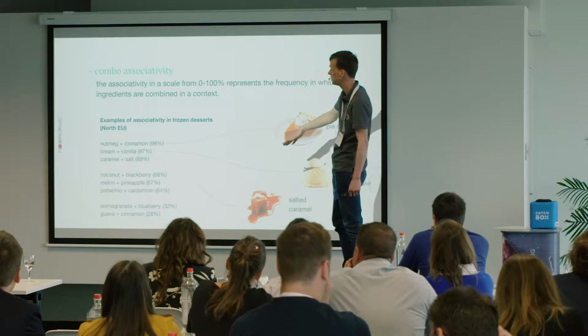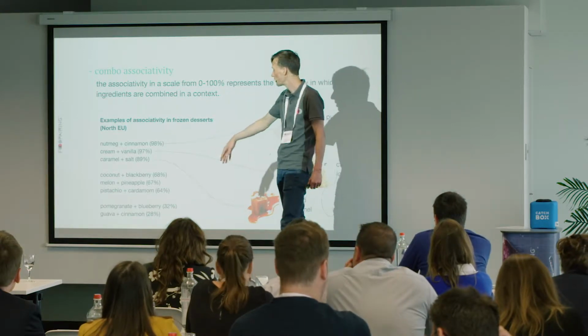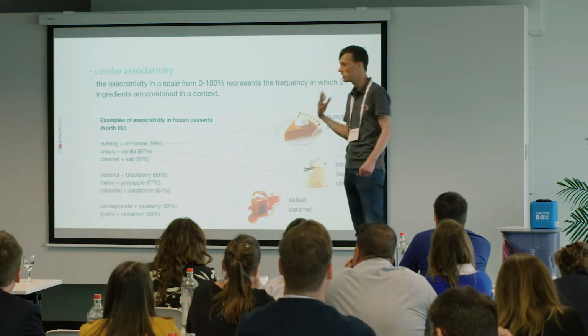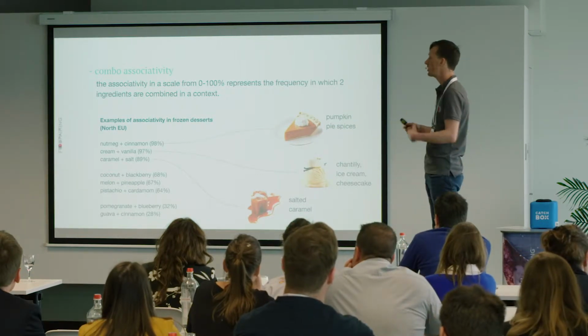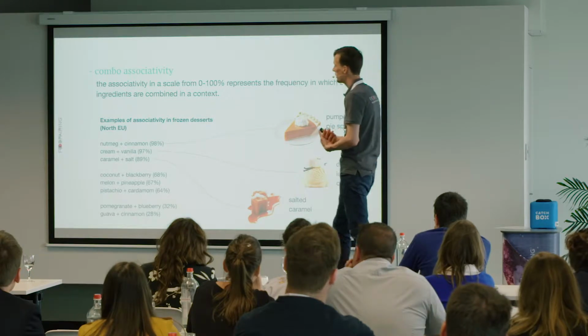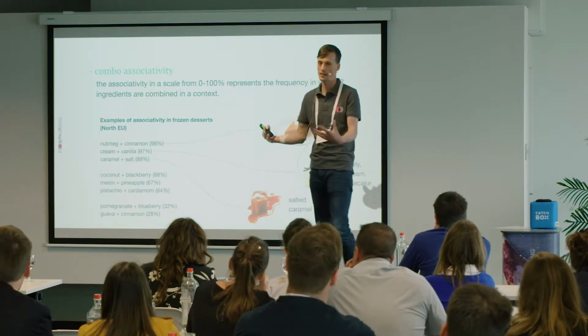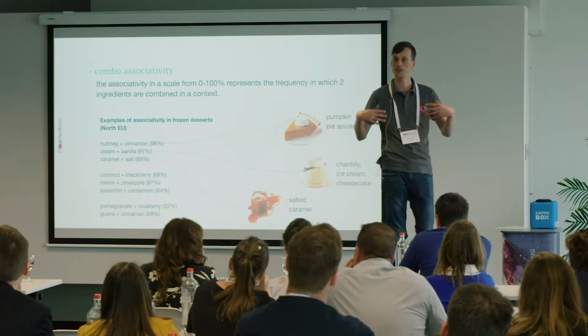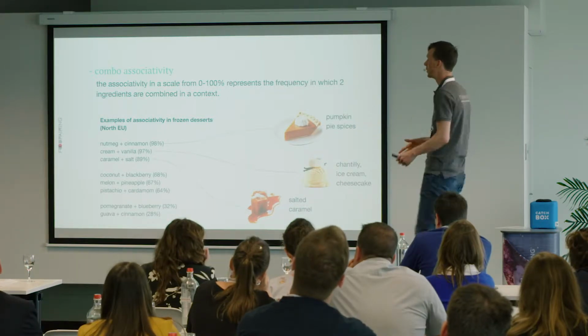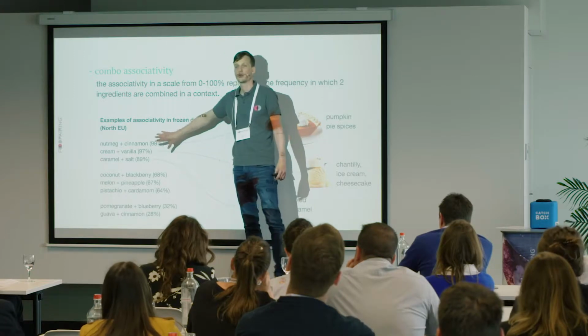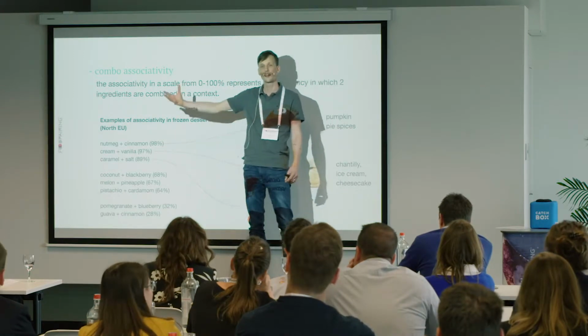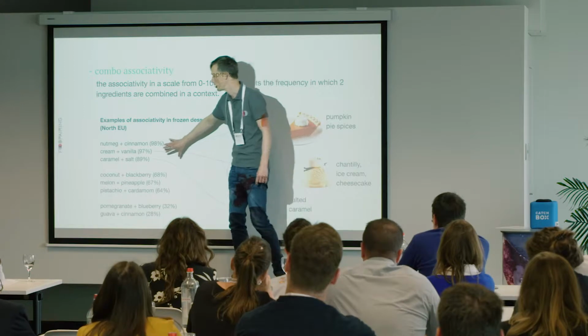On the other end of the spectrum, if you would combine pomegranate with blueberry in a frozen dessert application, that's much less associated. So depending on the brand you are, maybe you want something that people recognize, where they feel familiar, and then you want combinations that people already recognize. Maybe not in your category, maybe in another category, but at least combinations that people know.